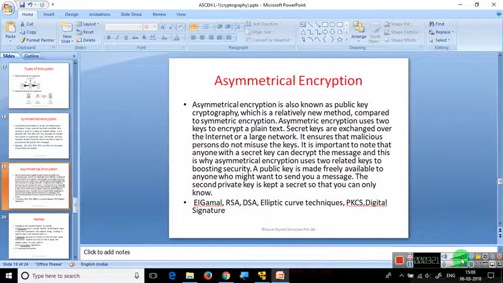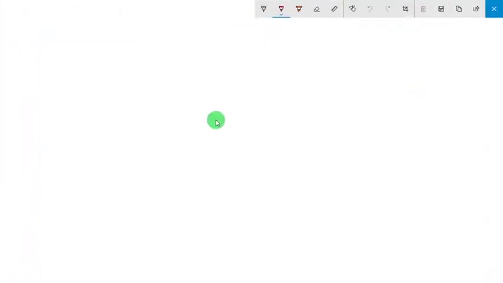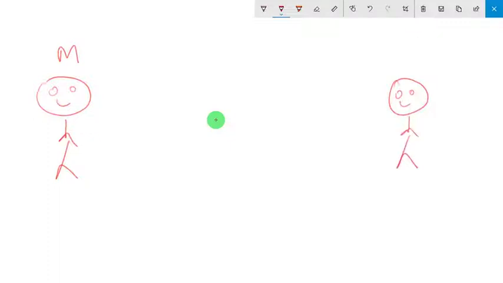So let me explain it. What exactly is asymmetric encryption? This is M and this is B. M and B want to send some message. So M has two keys.